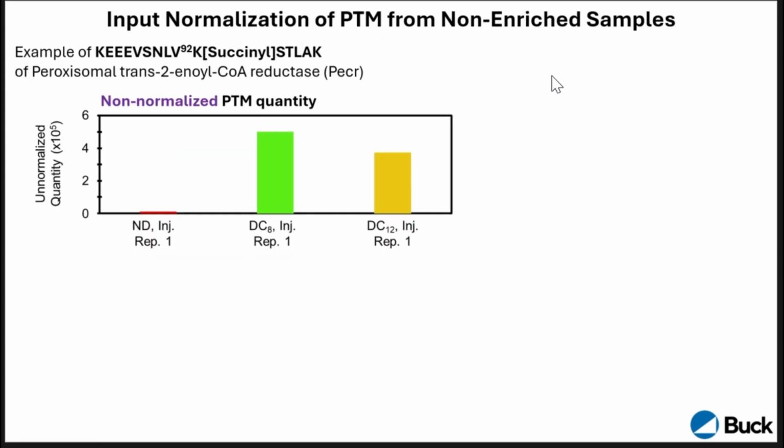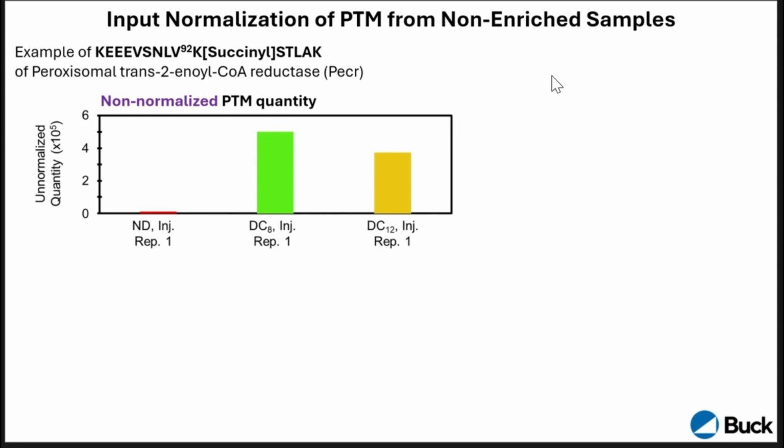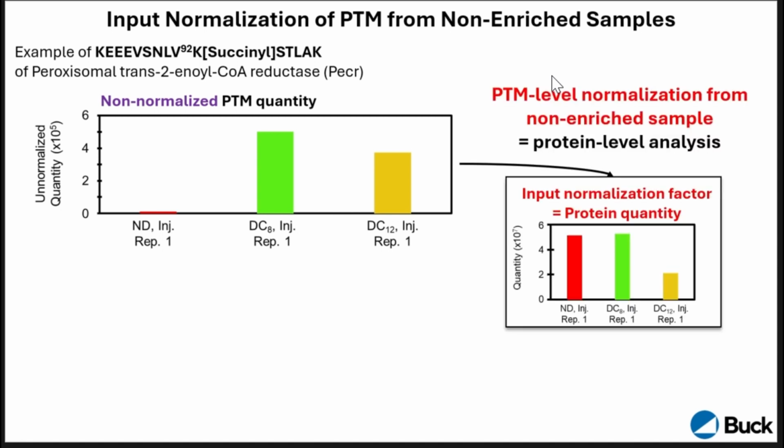And just showing you here, for example, here we're looking at PTMs and we're looking at non-normalized data. So, for example, here you have the no diet, the diet DC8, the diet DC12. If you do the protein level assessment, you can see that, for example, the protein level in the DC12 was a little lower, right?